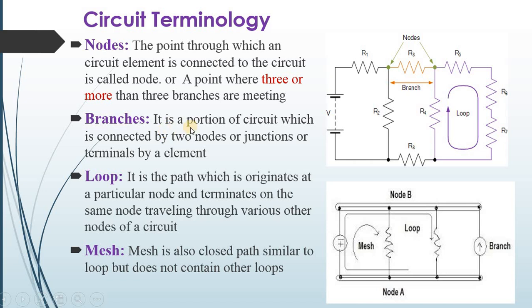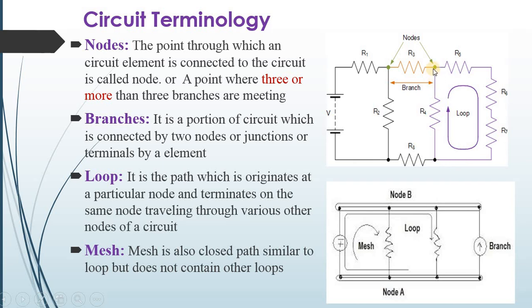Then branches. It is a portion of a circuit which is connected between two nodes or junctions or terminals by an element. So it is called a branch. In that, this orange color shows a branch, that means it connects these two nodes. So R3 is the branch. Then loop. It is a path which originates at a particular node and terminates on the same node, traveling through various nodes of a circuit.